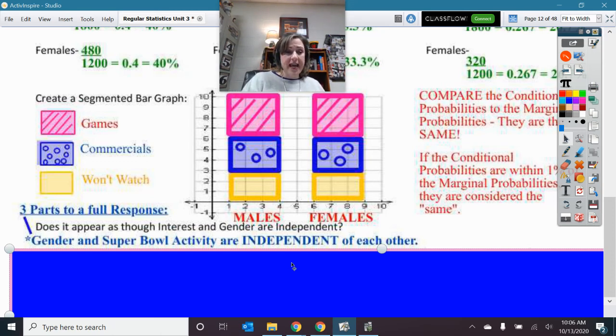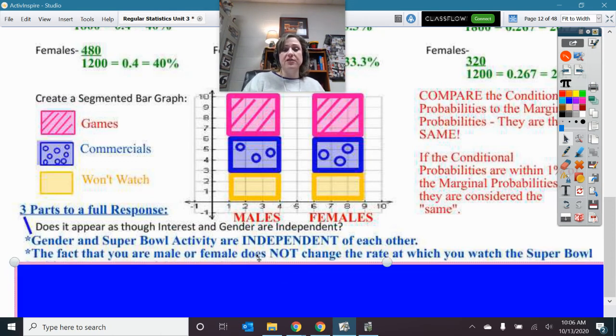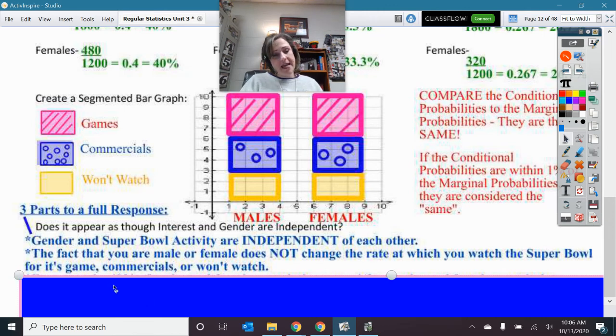So the fact that you are male or female does not change the rate at which you watch the Super Bowl for its game, commercials, or you won't watch. So this second statement is an elaboration saying the fact that you are in these conditional categories does or does not change the rate at which you do these other variable things.